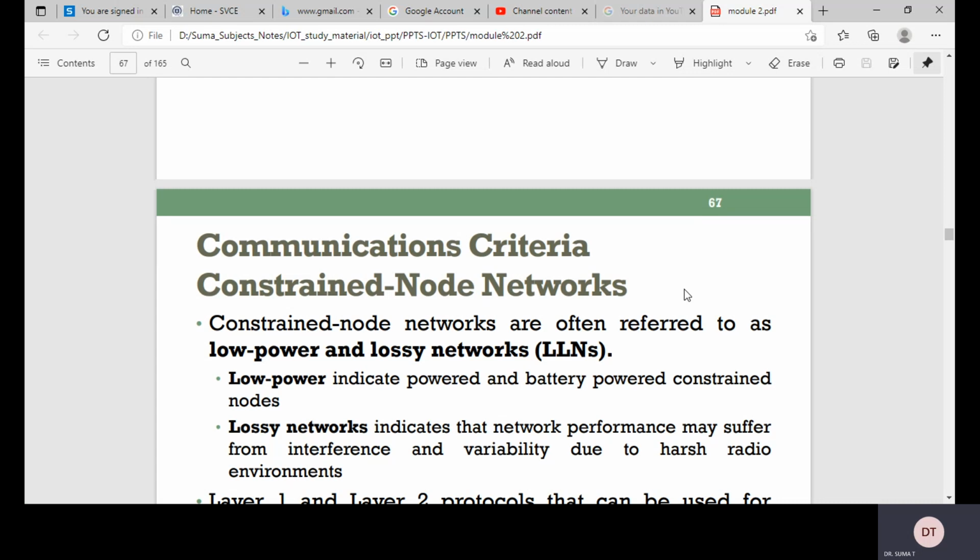Layer 1 and layer 2 protocols that can be used for constrained node networks must be evaluated in the context of the following characteristics: use case applicability, data rate and throughput, latency and determinism, and overhead and payload.